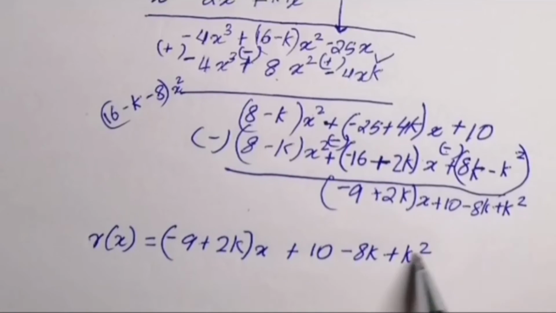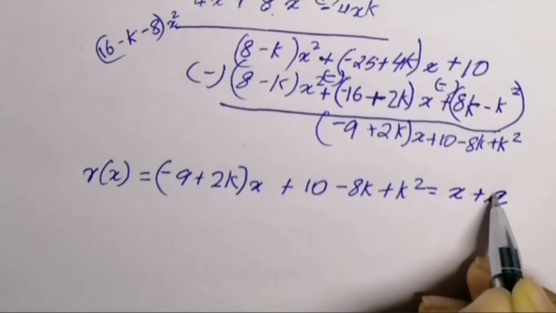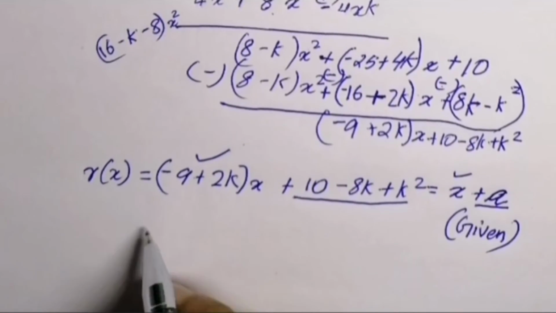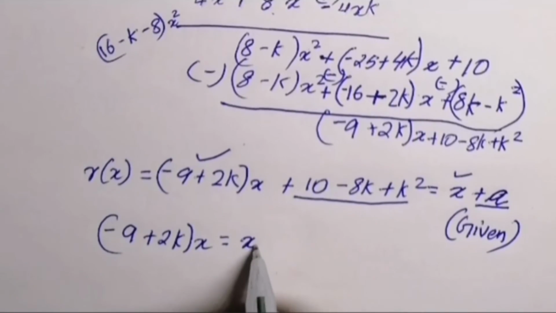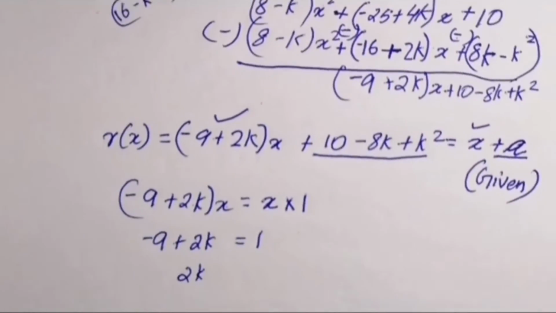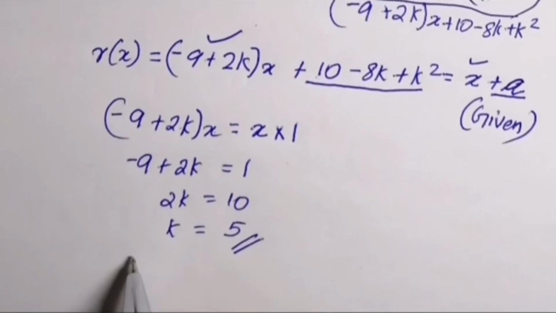With this remainder, we will be equating with the remainder which was given. We are equating the x terms on both sides and the constant terms on both sides separately and finding the value. So our k is 5.